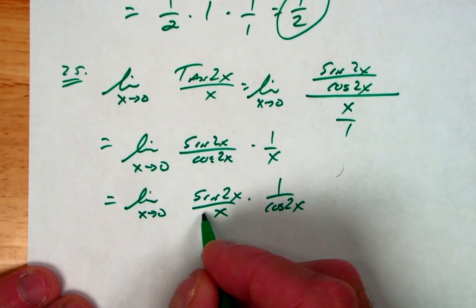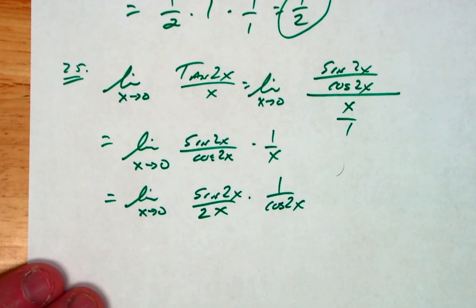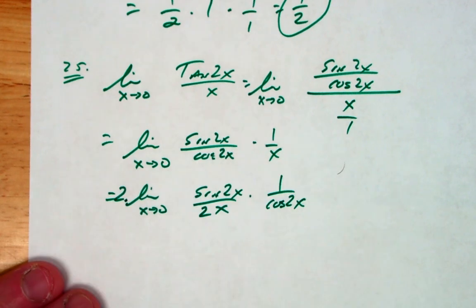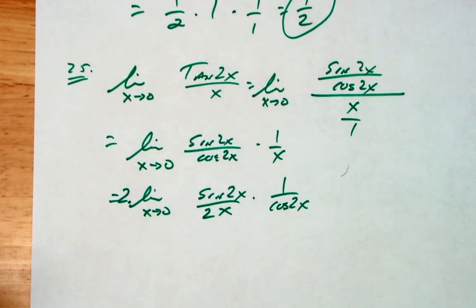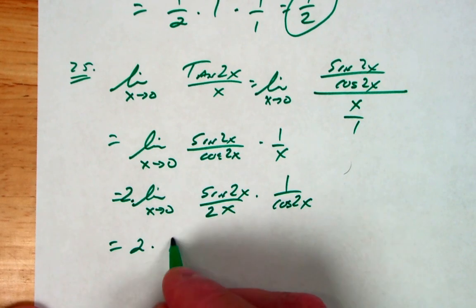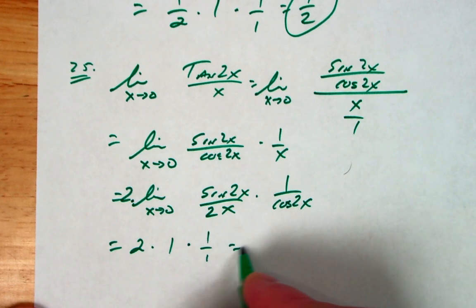A 2 on the bottom. So then what do I need to do to counteract that? It's 2 on the bottom, so I'm going to need a 2 on the top to cancel what I just did. I could have written it inside or outside. It doesn't make any difference with limits or later on when we get to derivatives. So now I've got 2 times this limit, 1, times this limit, 1 over 1 is 2.